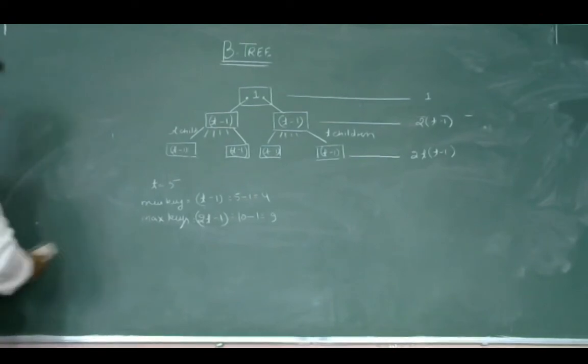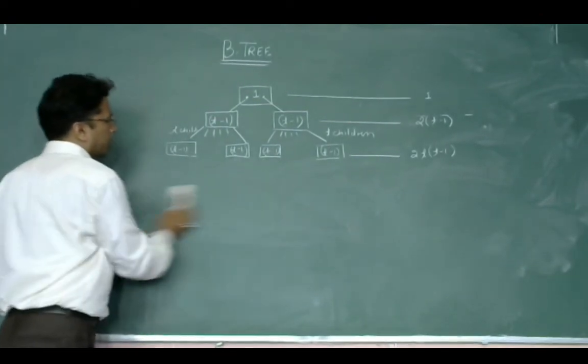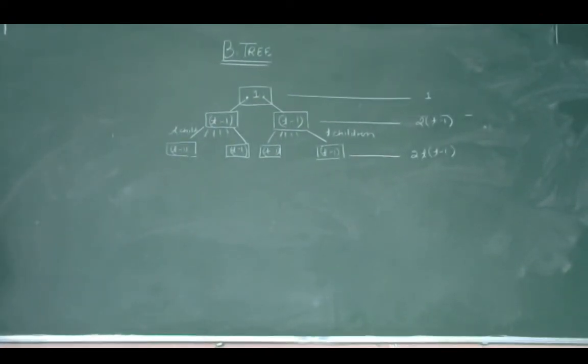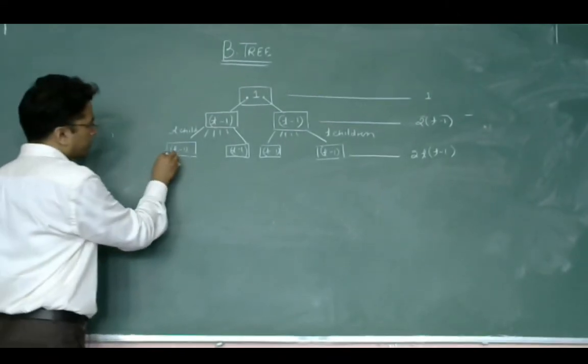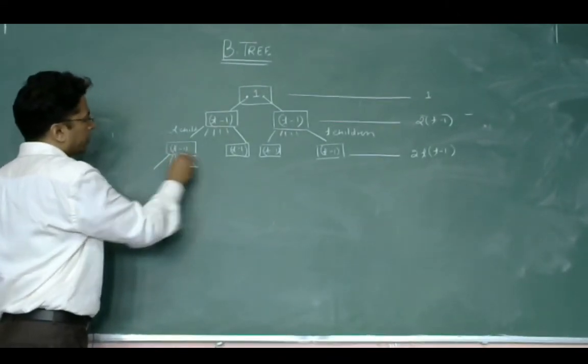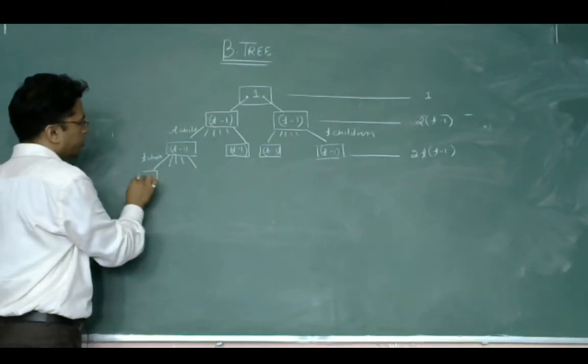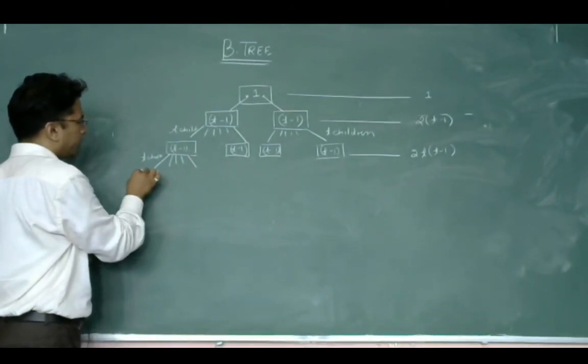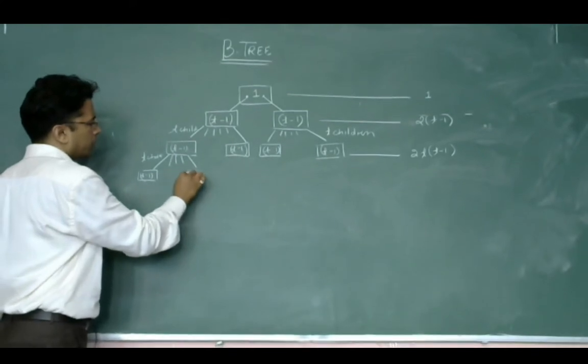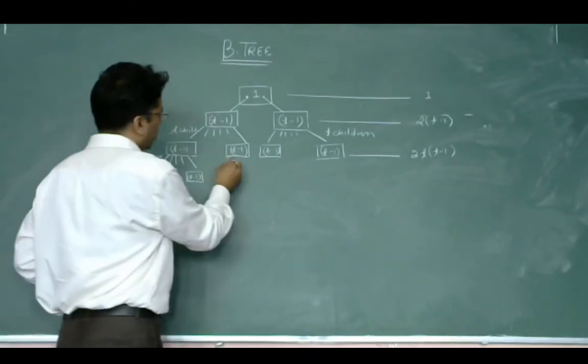if we keep on drawing similarly, then again it will have t children, each with t minus 1 key elements.